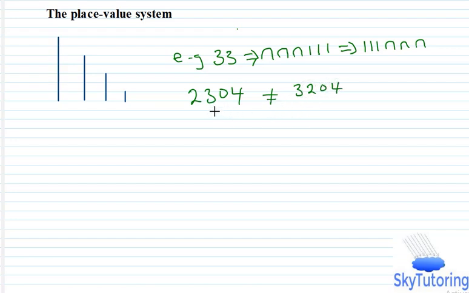The value of 3 here is different from the value of 3 here. The value of 3 in 2304 is 100, while the value of 3 in 3204 is 1000. So they are completely different. I cannot interchange the value of 3. That is why we say it is the place value system.